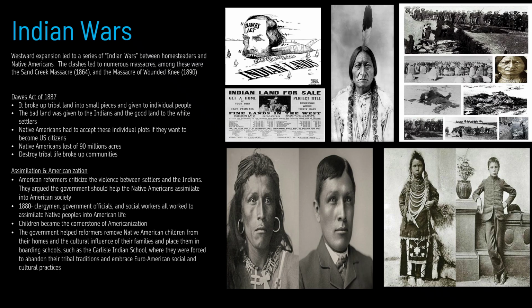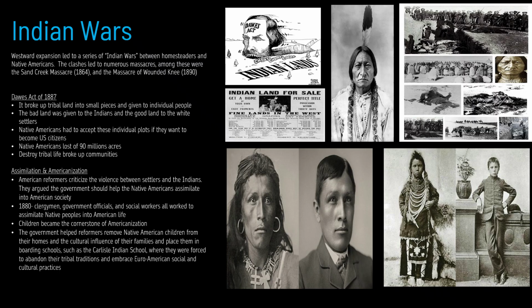So the next thing is to assimilate. And this is what you are really tested on in STAR. The idea of assimilation is to completely erase the culture of the Native Americans. So they're going to start, of course, with the children. And children are going to be sent off to these different schooling type activities.